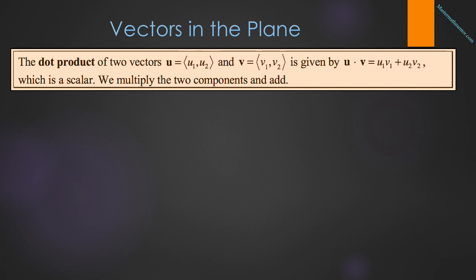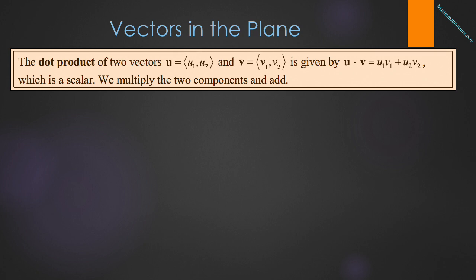We talked about vector addition, vector subtraction, and scalar multiplication, but we have never discussed vector multiplication. There are actually two ways that we can multiply vectors, the dot product and the cross product. We will only discuss the dot product.